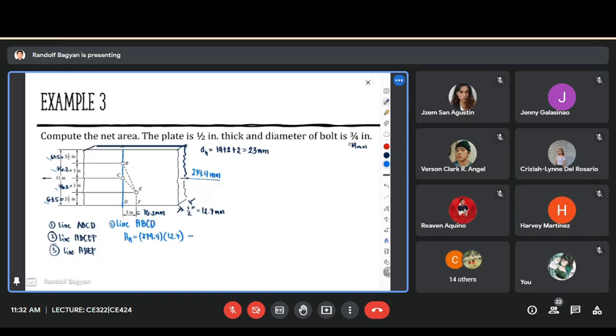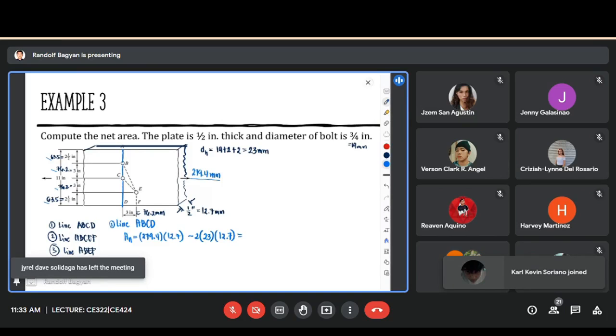Okay, minus, di ba? Line ABCD, meron lang tayong dalawang butas. That would be equal to minus 2 times hole diameter, 23 mm, multiplied by the thickness ng ating plate. That's 12.7. And that is equal to less 2 by 23 by 12.7.